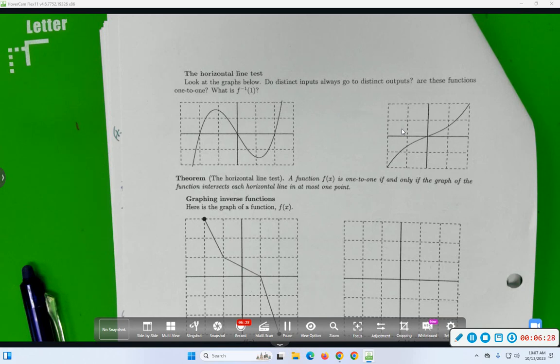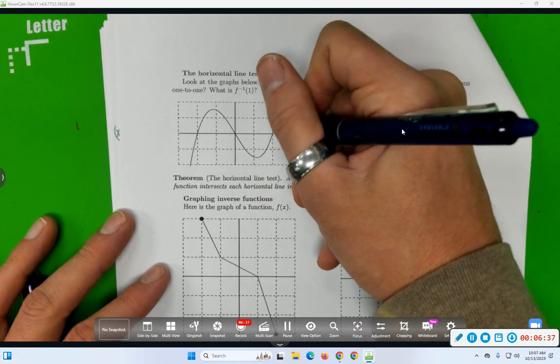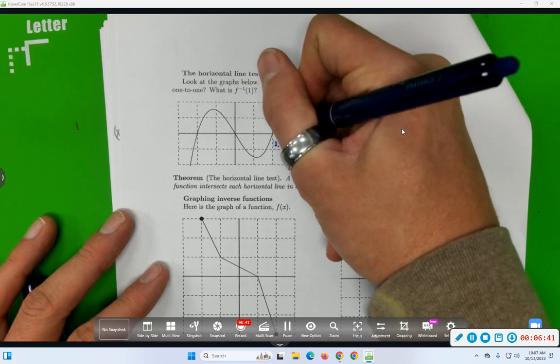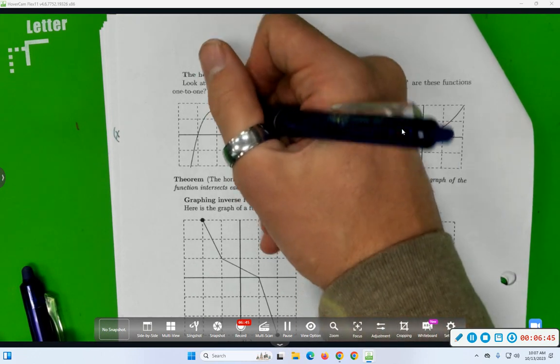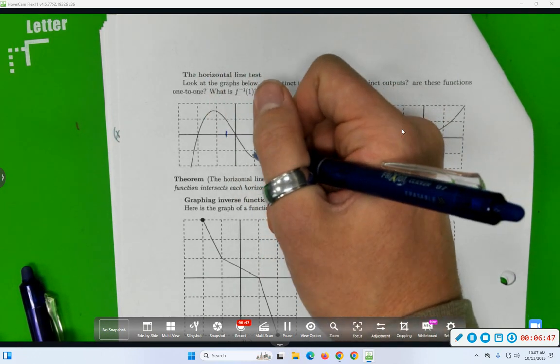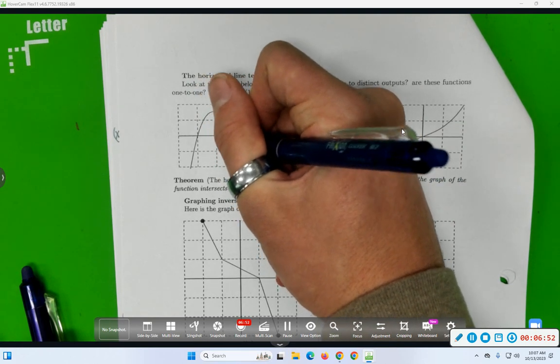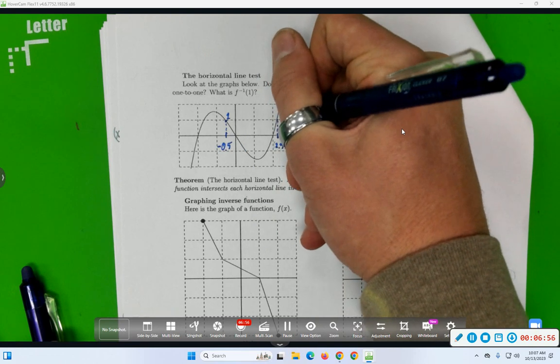What inputs are you thinking of? 2.3-ish. That looks like it gives an output value of 2-ish. And did you say negative 0.5? Okay. Negative 0.5. Yeah, that gives an output value of 1-ish.